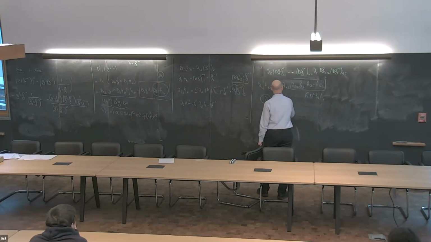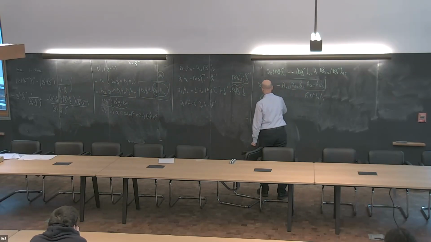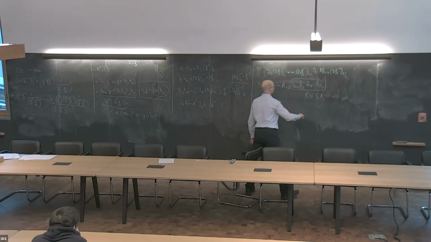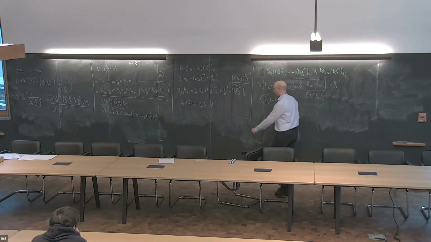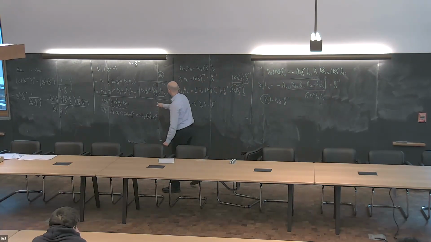So B is going to be d_k of G, and everything is composed with F to the minus 1. But of course, that one is also composed with F to the minus 1, which is H. So d_k G composed with F to the minus 1.